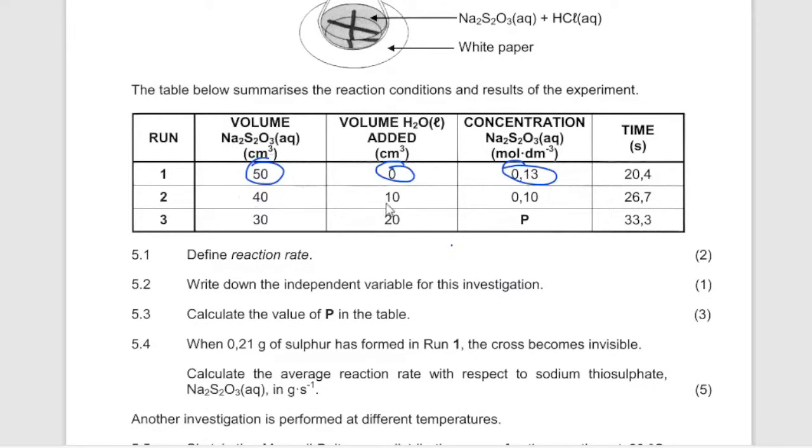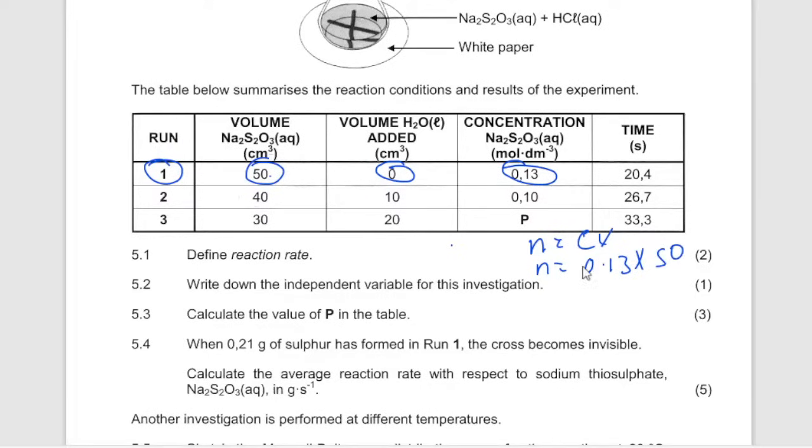Here we know the volume which we started with, without any addition, and the concentration. So it means that we can find the number of moles in run number 1. For example, number of moles is equal to concentration times volume. So in this case, number of moles is equal to concentration, which is 0.13, times volume, which is 50.